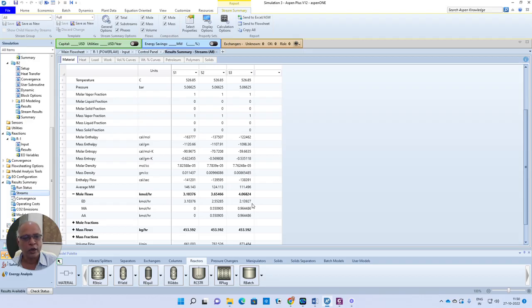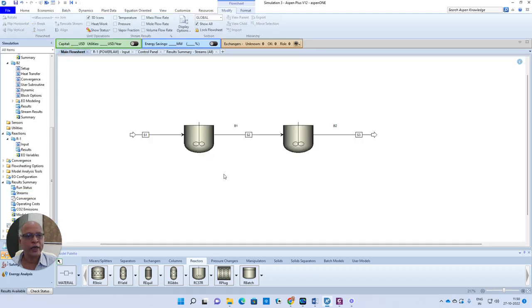Now, we did not get the required conversion of 95%. We would probably have to solve the problem using a design spec along with a calculator block.